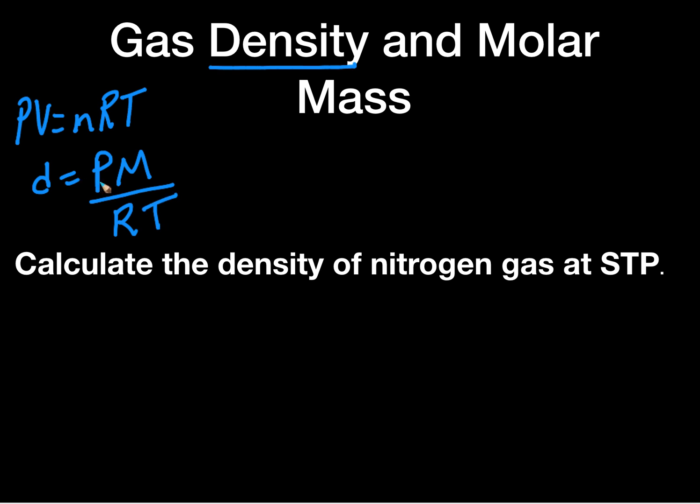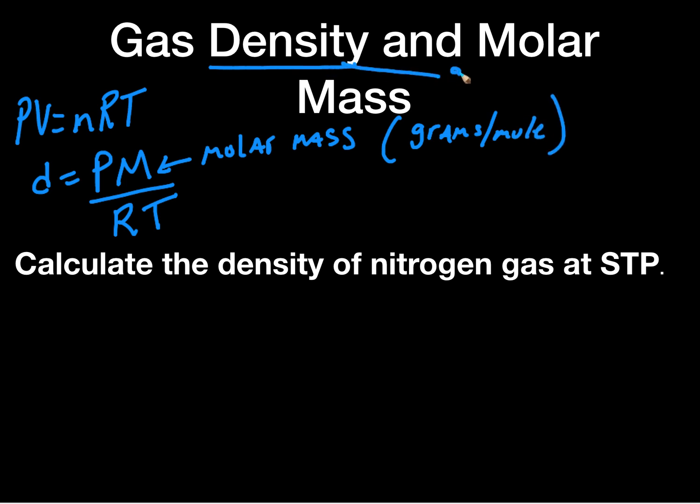We know P is pressure, R is the gas constant, T is temperature, and M here is molar mass. And we know molar mass has units of grams per mole. Also, remember, density, we're going to use the units grams per liter in this case.